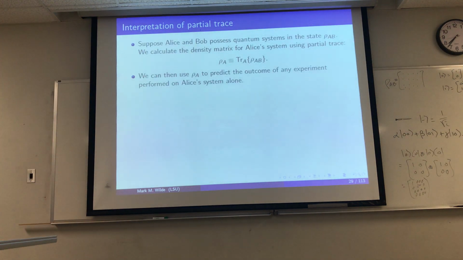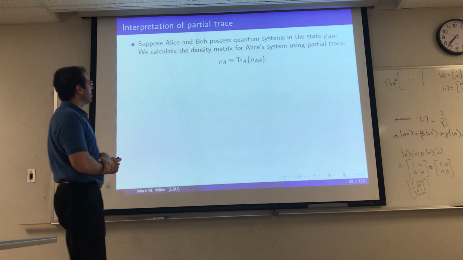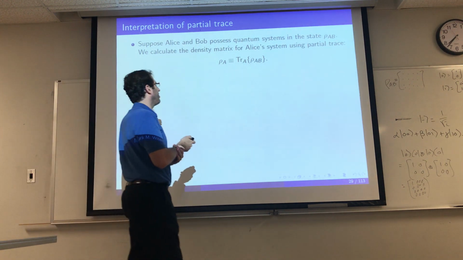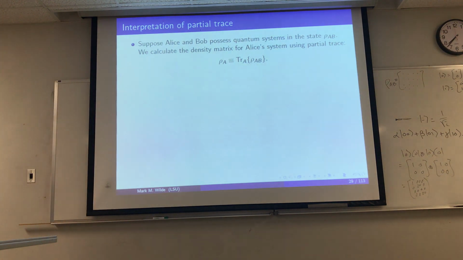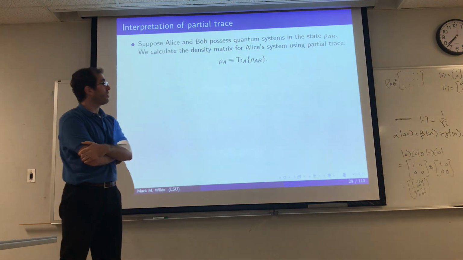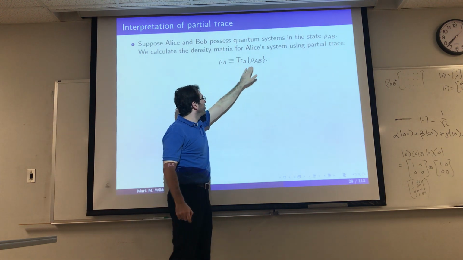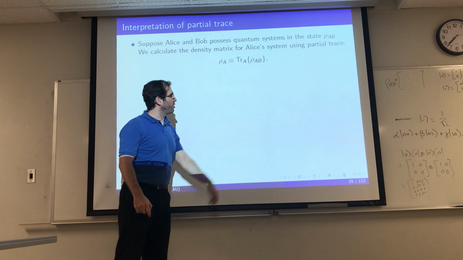Okay, so we already started talking about the interpretation of partial trace. Suppose that Alice and Bob's quantum systems, say qubits, are described by this density operator, rho AB. Then if we're interested in figuring out the state of Alice's system alone, we use the partial trace. Sorry, there's a typo. I apologize. It should either be rho B or it should be trace B.